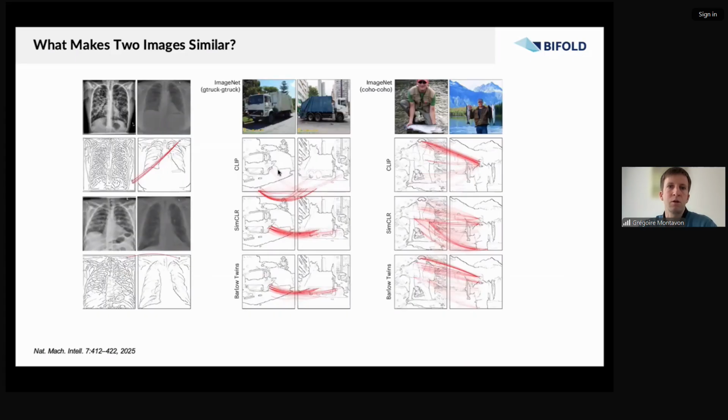So CLIP is this row, which is basically the model which is used as a starting point for training PubMed CLIP. And what we found is that CLIP employs a very similar strategy. And so CLIP is general, it's applicable to any images, especially natural images. And we ask, for example, these two garbage trucks, they are predicted to be similar by CLIP. What is the reason for that?